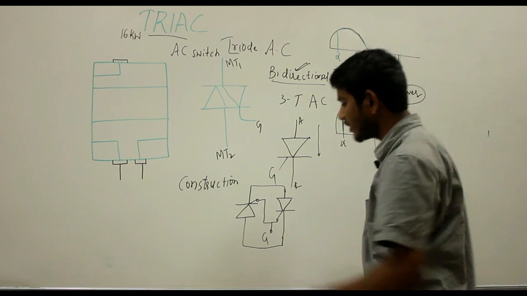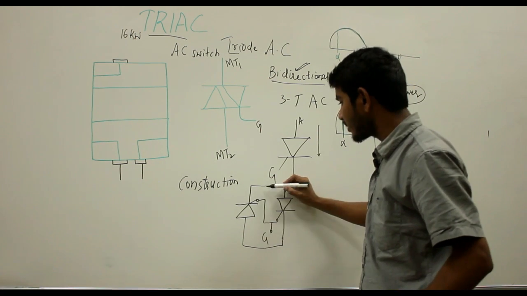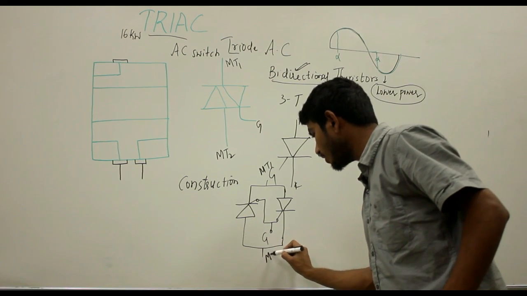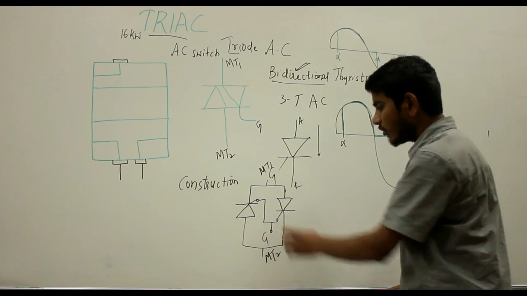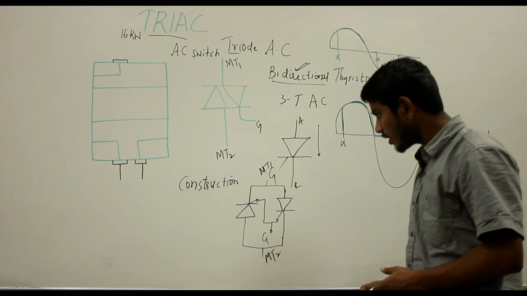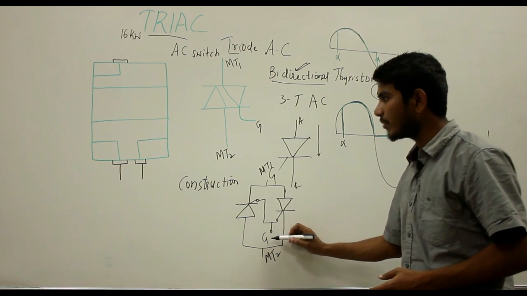This is basically your analogy of the Triac with two thyristors. Here you have the terminal MT1 and this is the terminal MT2. So it looks equivalent to two thyristors connected in inverse parallel with the gate terminal taken common, and with the three terminals MT1, MT2 and the gate terminal appearing outside.